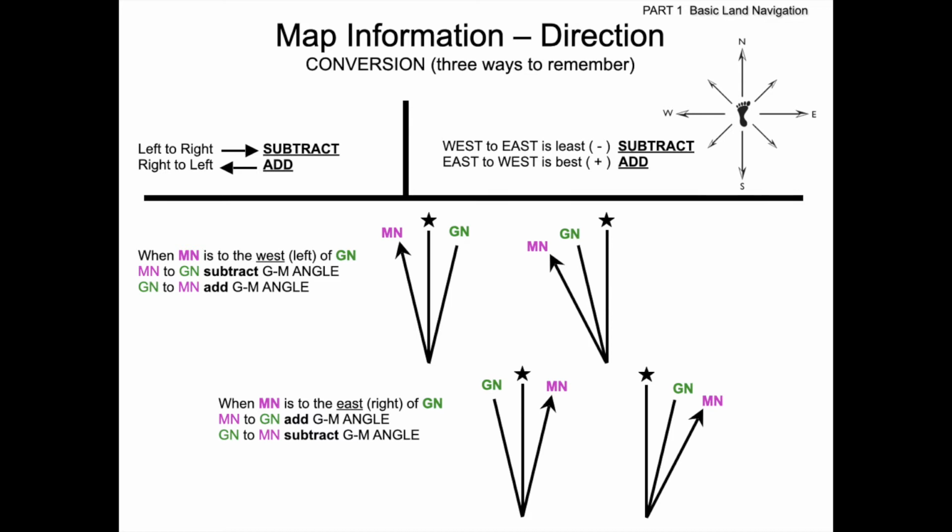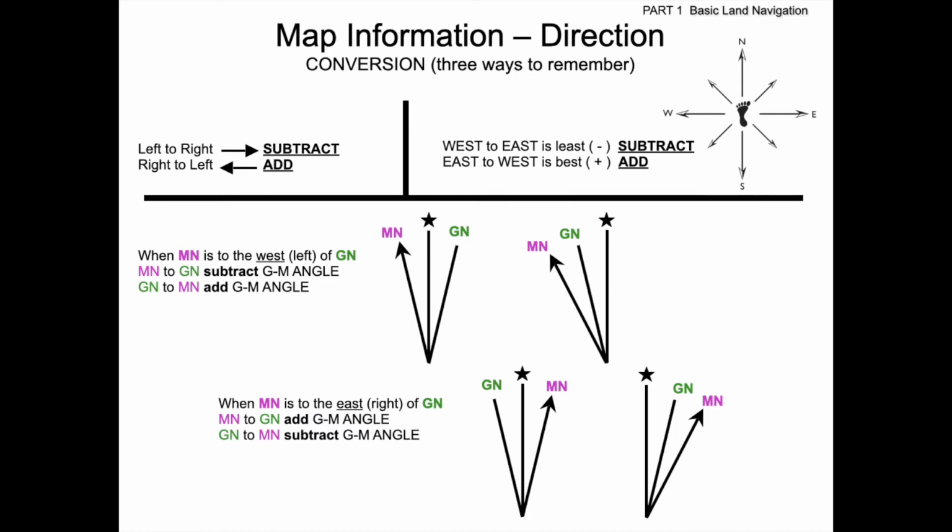So if we're going from grid north to magnetic north, let's say I got 100 degrees on the map when I'm planning my route, then I'm going to add on in this particular example. So I'm going to have to add those 24 degrees. So the actual magnetic azimuth that I'm going to walk is going to be 124 degrees.